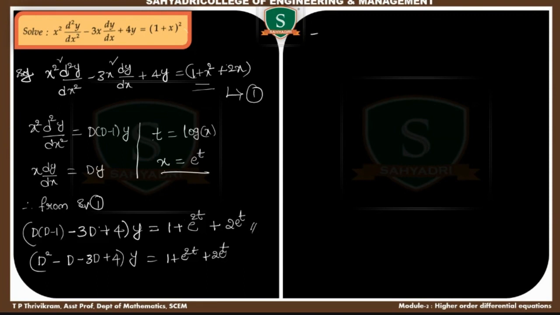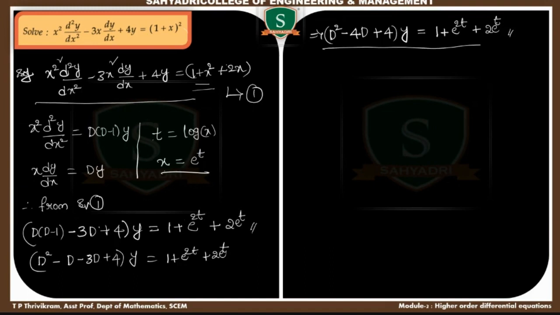If you simplify that equation again, you'll get D square minus 4D plus 4, into y is equal to how much? 1 plus e power 2t plus 2e power t. See, now this Cauchy's equation has converted into coefficients as constants.